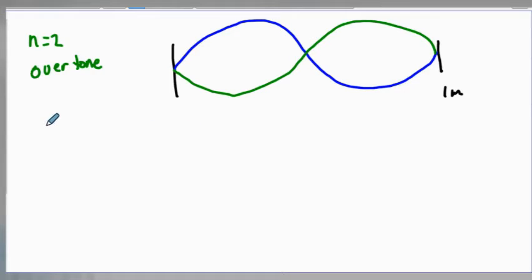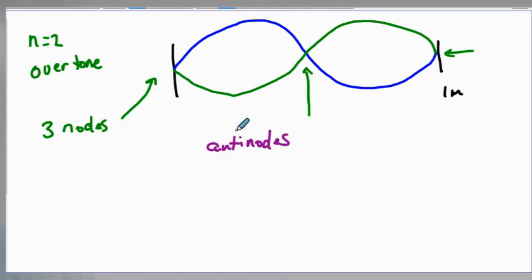This one has 3 nodes. Okay, one here, one here, one here. And of course, it still has our antinodes here and here and here and up there.